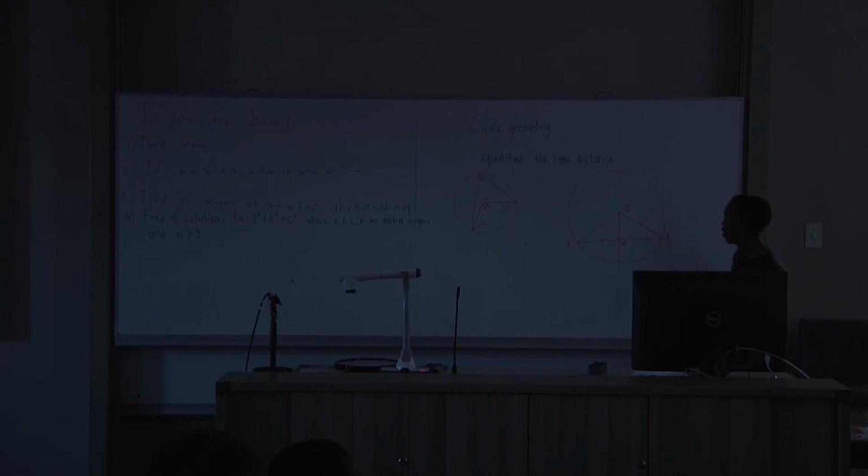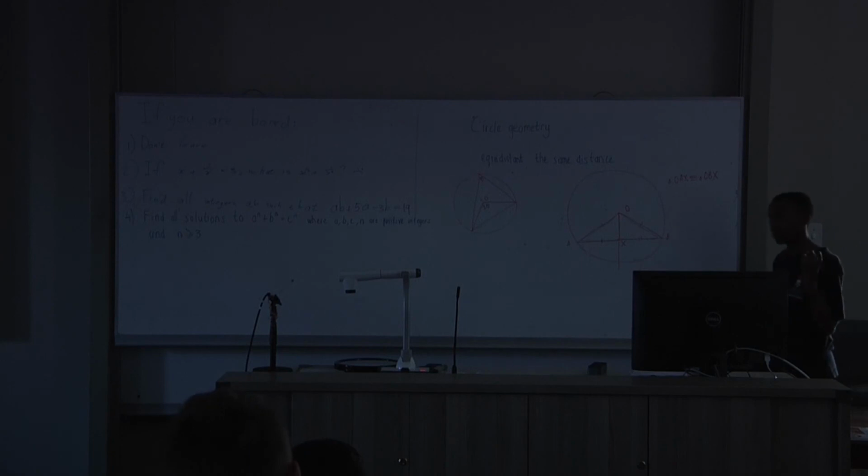And OX is common amongst these two triangles. So remember, congruent triangles: this triangle is exactly the same as this triangle, because all the sides are the same. So OAX is congruent to OBX, right?